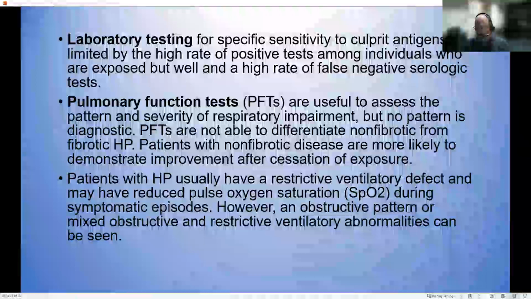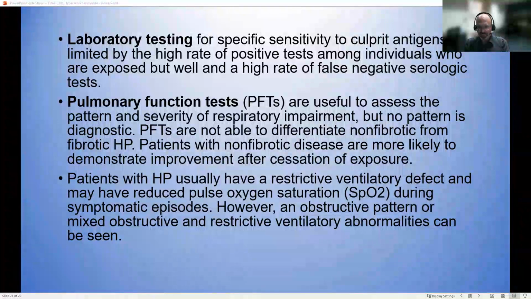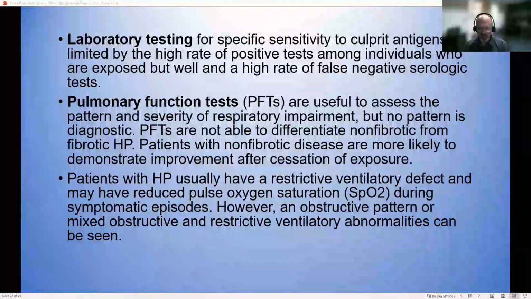I guess we can test them for isocyanates or for formaldehyde or an anhydride, but it wouldn't help us treat the patient, nor know that, oh, well, this tested positive for anhydride, you have HP.